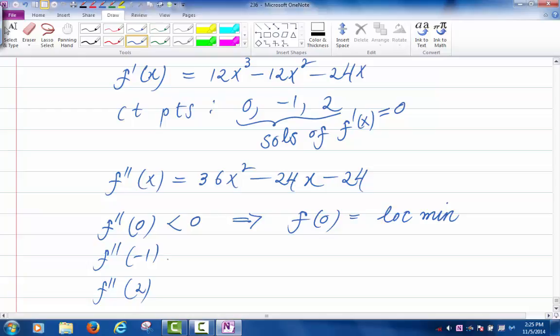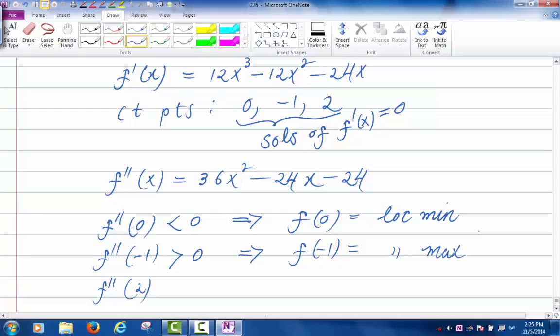Yes, it's positive, which implies that f of -1, well, if it's positive, the graph is concave up, and so I have a local max there.